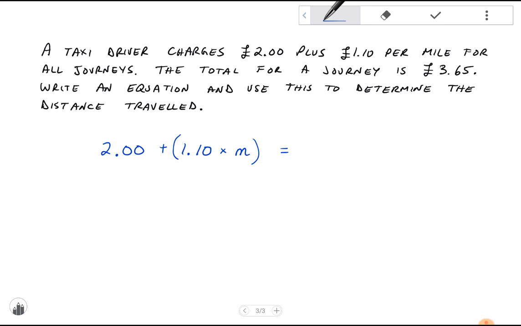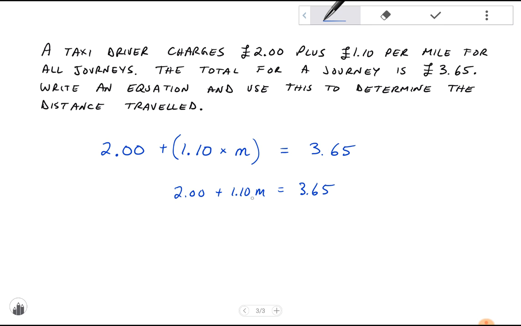Of course, our total price for a particular journey right here that we're trying to figure out is £3.65. So all of this equals £3.65. Okay, so if we simplify this, we have 2.00 plus 1.10 m equals 3.65.